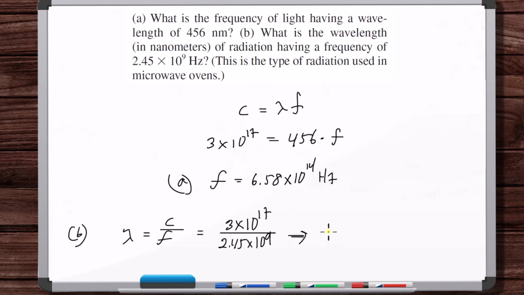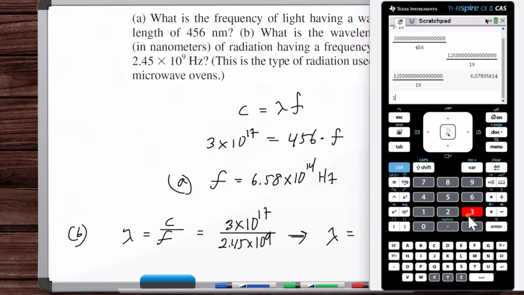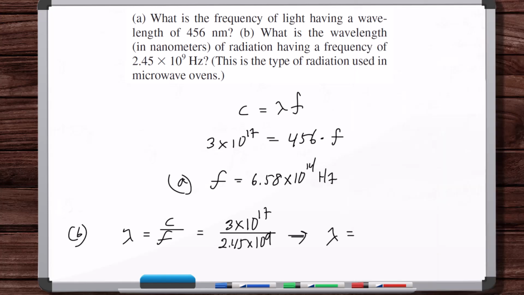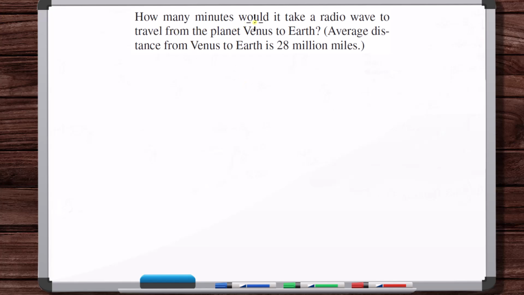So we've got 3 divided by 2.45, 1.22. So 1.22 times 10 to the 8th, and that's going to be nanometers. And there we go.